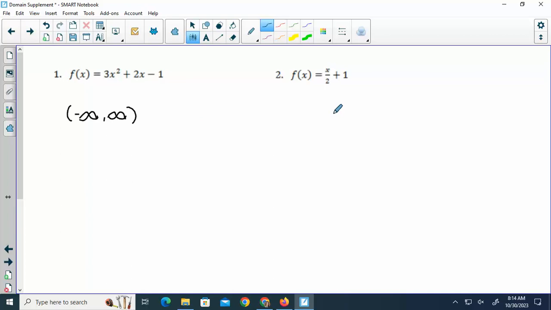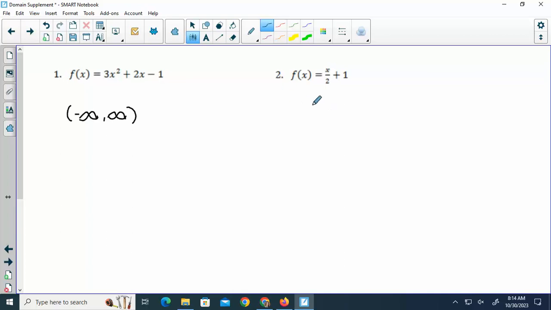Number 2. F of x equals x over 2 plus 1. Do we have a fraction?